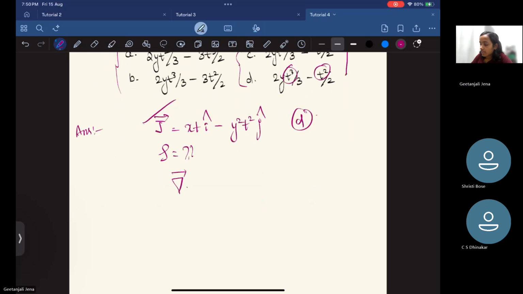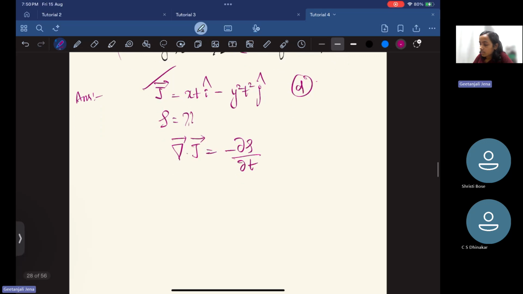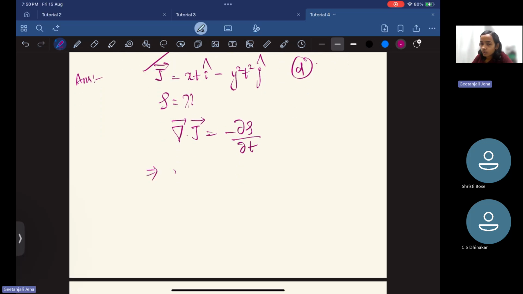So the starting point is the continuity equation. Divergence of J is minus dou rho by dou t. So divergence of J in Cartesian coordinates, you have dou by dou x of Jx plus dou by dou y of Jy. The z component is not given.